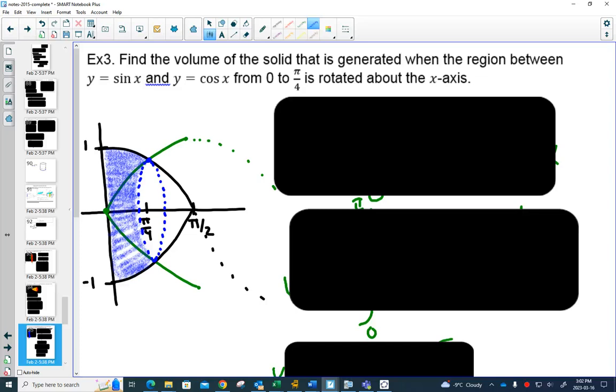And the inside is going to be the shape cut out by the sine curve, and the outside is going to be what's left from your cos curve. And you're wondering, how much titanium do I have to buy to build this?